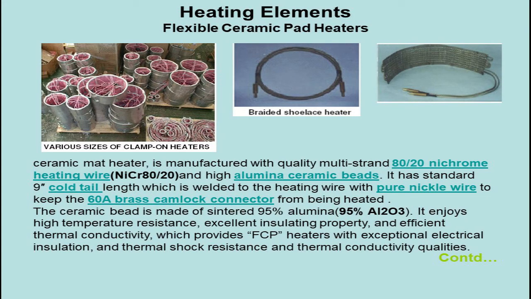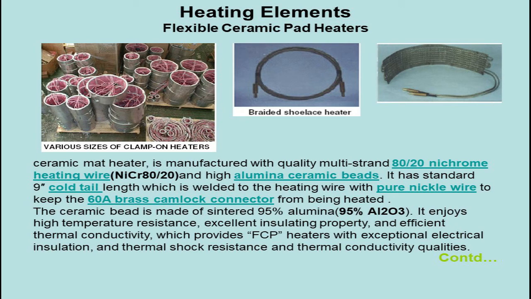Heating elements. Flexible ceramic pad heaters. Ceramic mat heater is manufactured with quality multi-strand 80/20 nichrome heating wire, NiCr 80/20, and high alumina ceramic beads. It has a standard 9 inch cold tail length, which is welded to the heating wire with pure nickel wire to keep the 60A brass camlock connector from being heated.